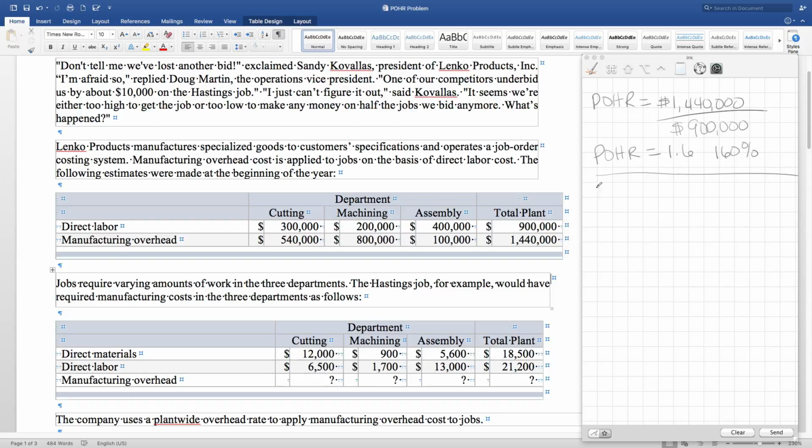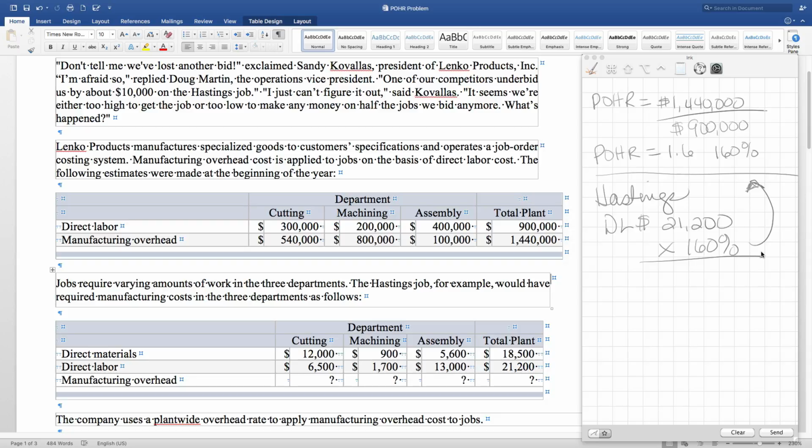So for the Hastings job, direct labor dollars were 21,200, and I'm going to multiply that by the 160% that I calculated up above. All right, and let's work the math. See what that turns out to be.